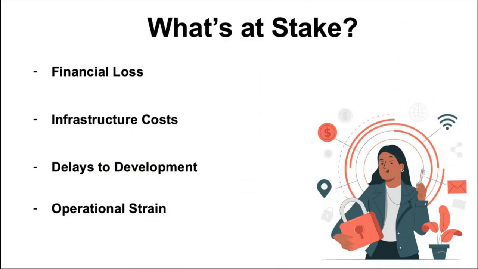And as we know, cloud bills are already eye-wateringly expensive, so you don't want to be adding to that. This can also lead to delays in development if you're firefighting and dealing with security issues, and then you could lose your innovative edge and your place in the market.